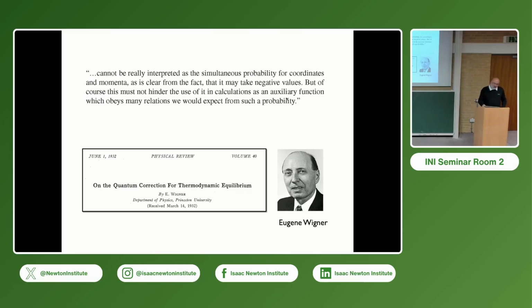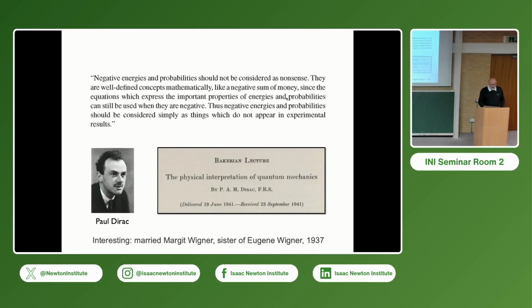The next name I showed you was Paul Dirac, and here is an interesting fact. He was married to Margit Wigner, who was a sister of Eugen Wigner. And maybe they had discussions in the kitchen, I don't know. But in his Bakerian lecture, given in 1941 and published in 1942, he wrote the following: negative energies and probabilities should not be considered as nonsense.